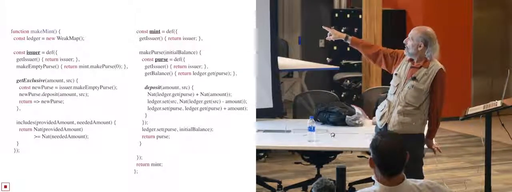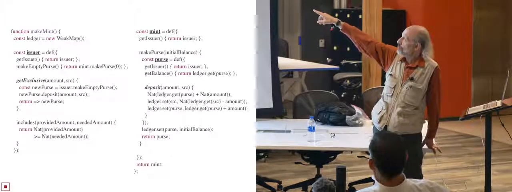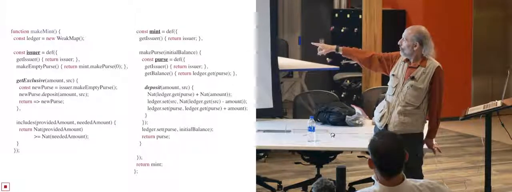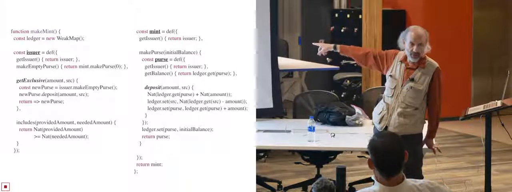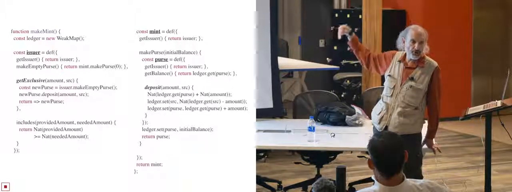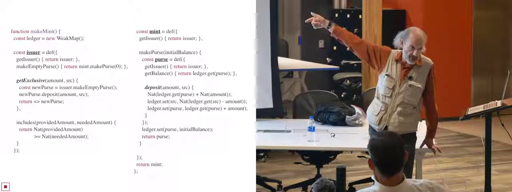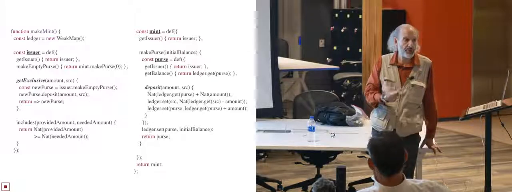So ledger get purse, that's referring to the ledger, which is the weak map in the upper left. The purses are registered in the ledger on the lower right with the ledger.set. So only purses of this issuer, of this currency, get to be in this ledger. Every time you make a new mint, you make a whole new system of currency with its own ledger.